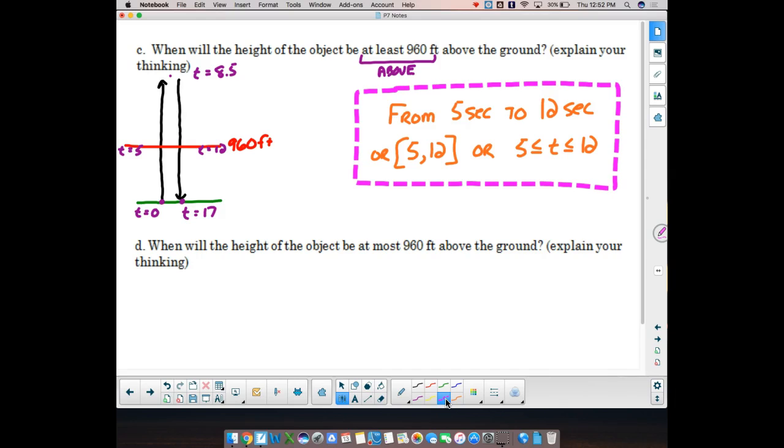When will the height of the object be at most 960 feet? So this means below 960 feet, right? Right? So when will it be below 960 feet?